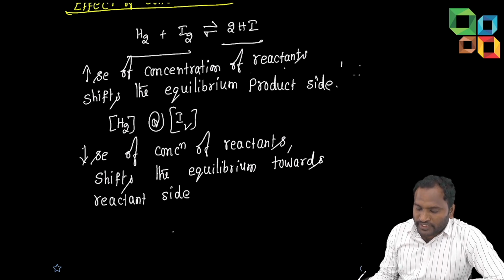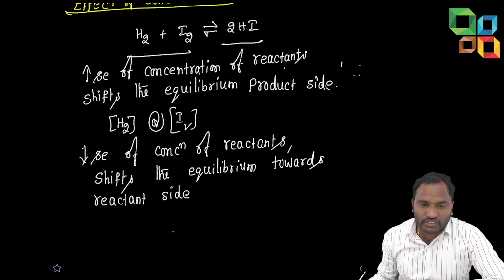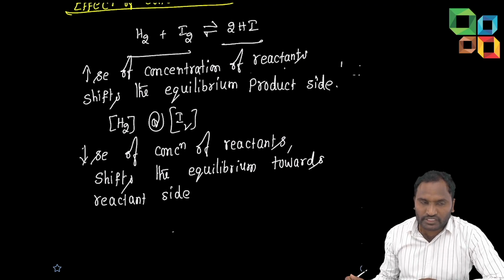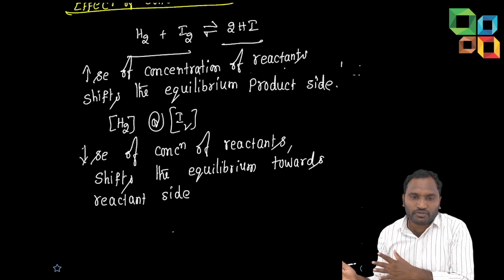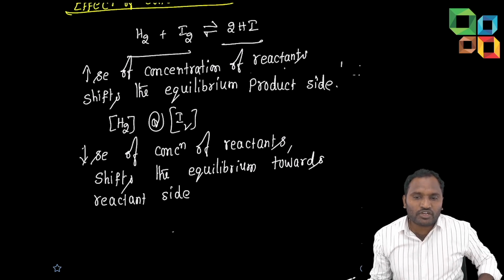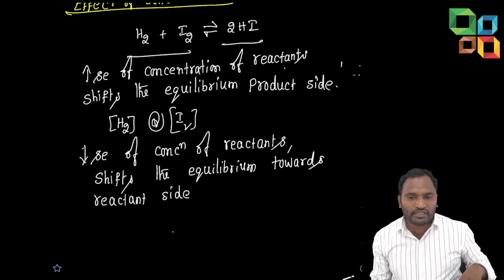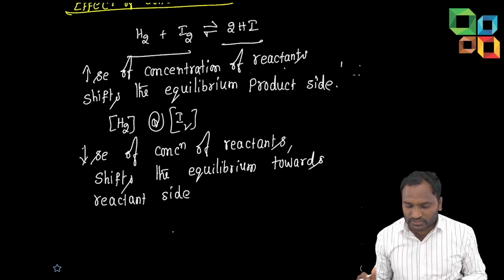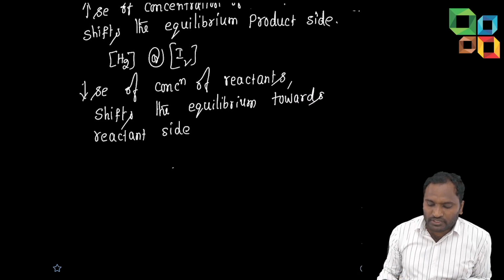So to get more yield of product, we need to increase the concentration of reactants. Increase of concentration of reactant is favorable towards the product side, or increase of concentration of products is favorable towards the reactant side. The opposite reaction takes place. That is only the effect of concentration.